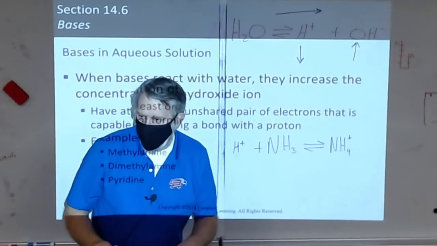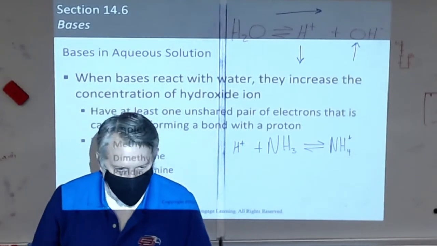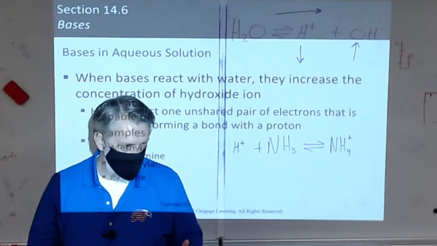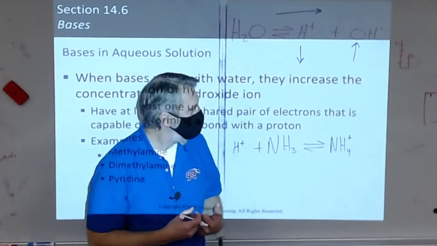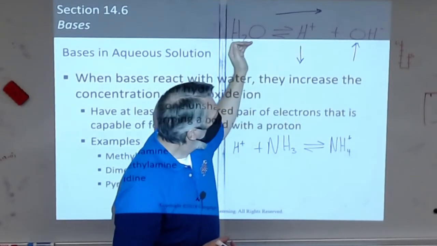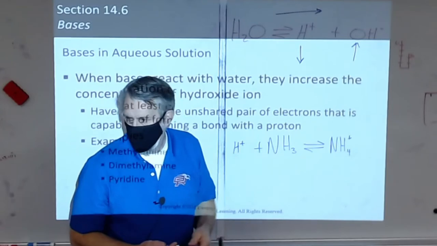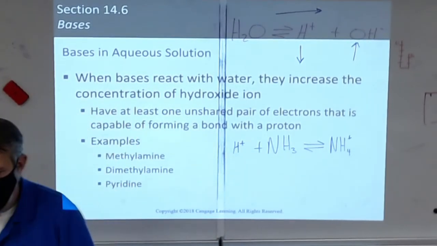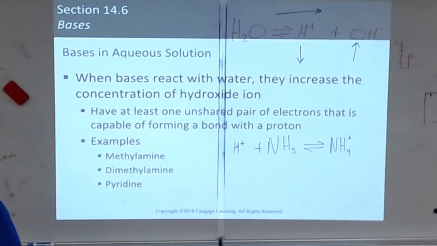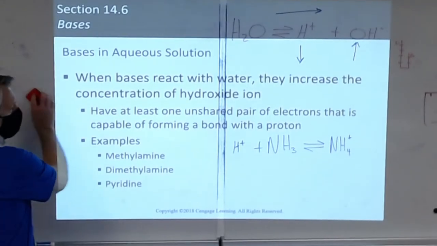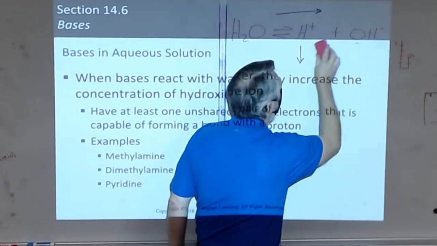It doesn't have a hydroxide, but it still increases the hydroxide concentration by accepting that proton, by taking that proton, shifting the equilibrium this way. Does that make sense? We good there? All right, cool. I want to make sure that everybody's on board with how that works.